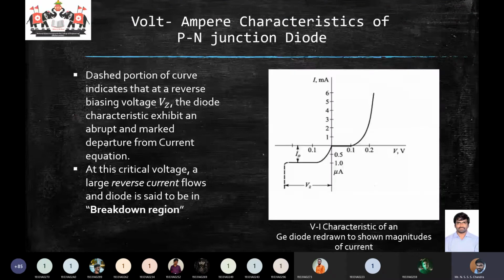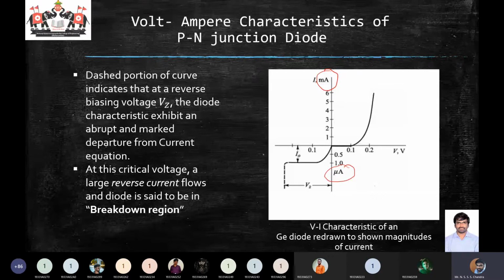So instead, we may go for different scales on the positive y-axis and negative y-axis. You can see that on the positive y-axis, I have a range in milliamperes. Current IF is in milliamperes, whereas on the negative y-axis I have taken the current in microamperes. It is as if I am zooming the negative y-axis, just to get the curve in the reverse bias condition.